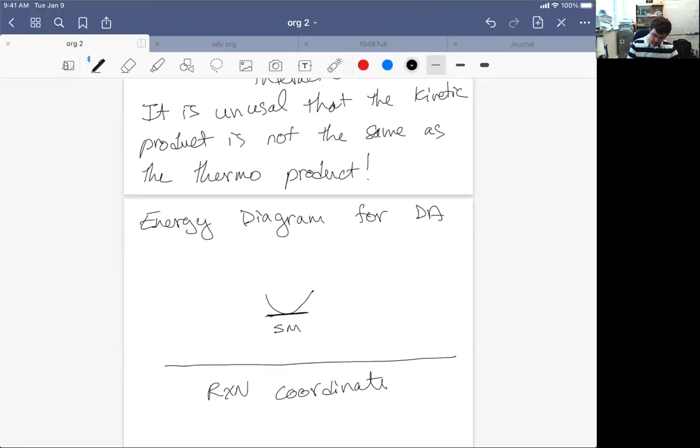Now, if I go over to here, the starting material to the product, I'm going to put endo over to the right, and exo on the left, and I'm going to let exo be lower. Now, the way this looks is forming the endo product has an activation energy and a transition state. The top of the hill is our transition state for endo.